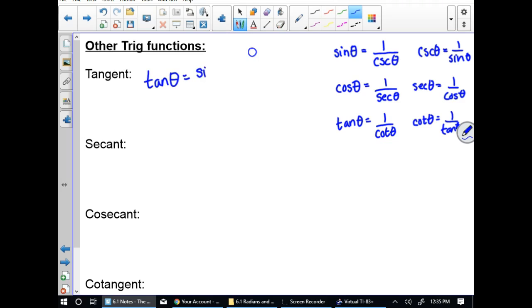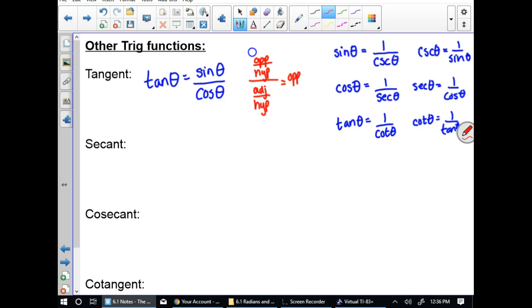equals sine of theta over cosine of theta. You don't have to write this down, but just as a real quick proof of that, sine is opposite over hypotenuse, right? Cosine is adjacent over hypotenuse. How do we divide fractions? Flip the second and multiply.